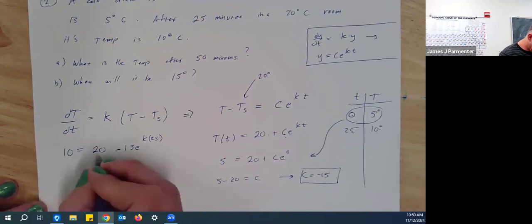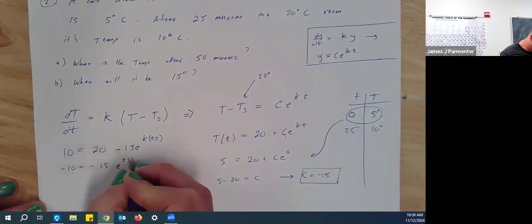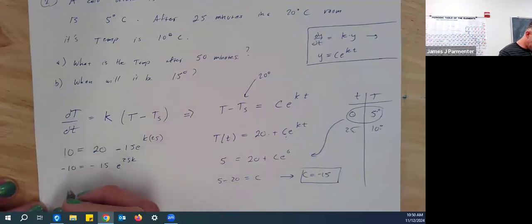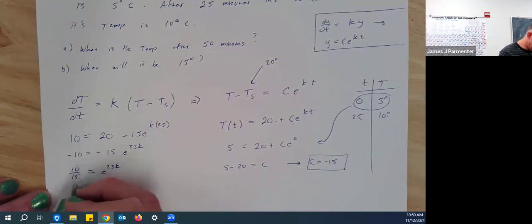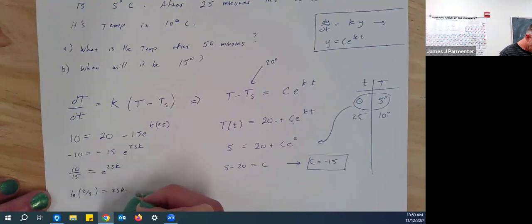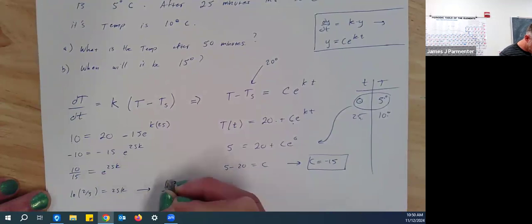So we have 10 minus 20, so -10 equals -15e^(25k). Divide both sides by -15, so you get positive 10/15 equals e^(25k). Take the natural log of both sides. 10/15 reduces to 2/3. So the natural log of 2/3 equals 25k. And then finally, the natural log of 2/3 divided by 25 is going to equal k.